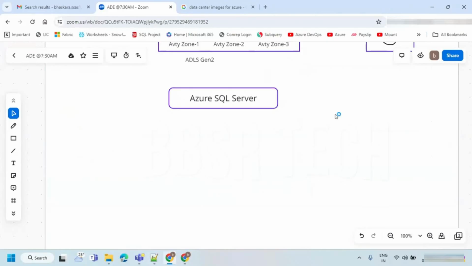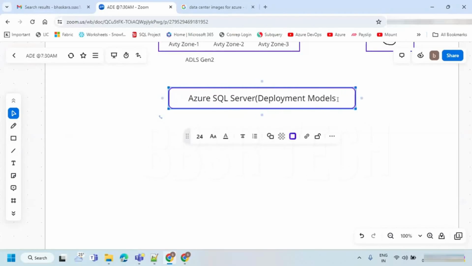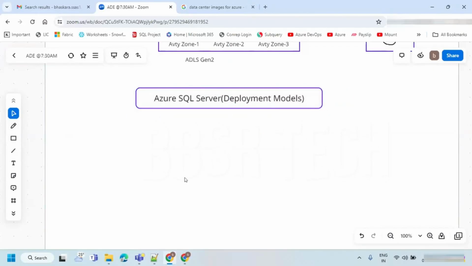I am not taking it from the IaaS, Infrastructure as a Service, which is also available, but we don't need to know about it. In the Platform as a Service, they have given 3 deployment models. There are 3 different types of deployment models.